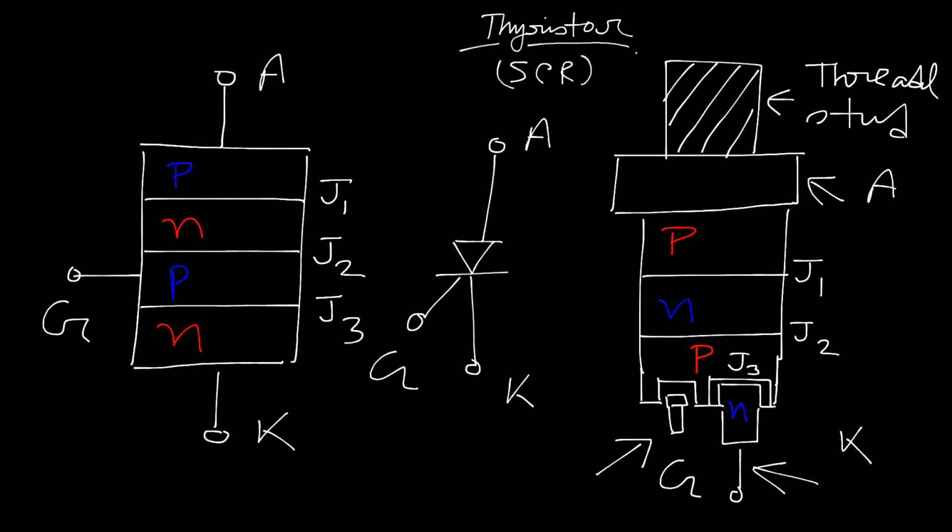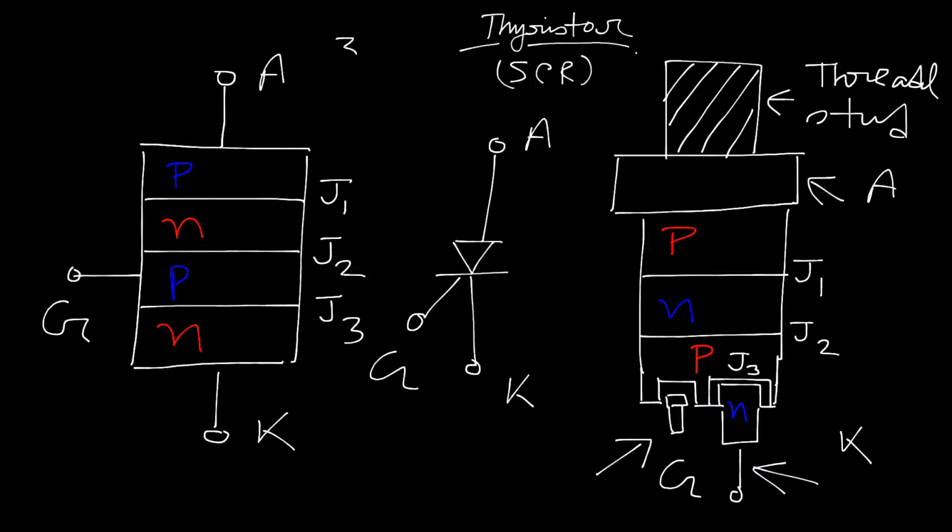Also keep in mind that this kind of structure has particular ratings for application purposes. If the ratings are very high, the thyristor can handle near about 30 megawatt of power.